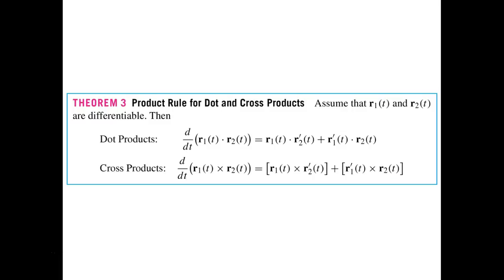The derivative of the dot product is, hopefully, just like you would expect it to be: the first dotted with the derivative of the second, plus the second dotted with the derivative of the first. I said them backwards, but guess what? In dot products, it doesn't matter the order. So, whichever way you want to do them, it's doable.